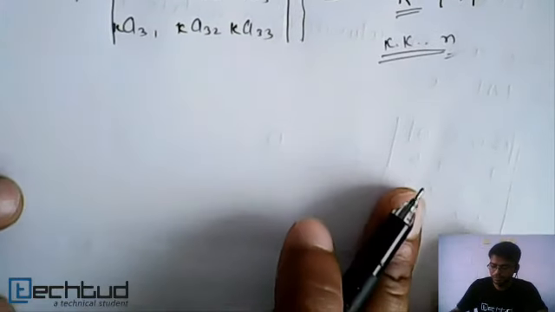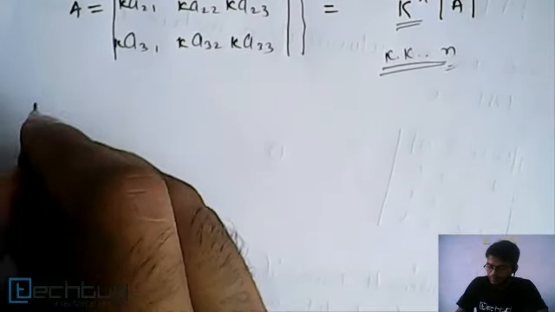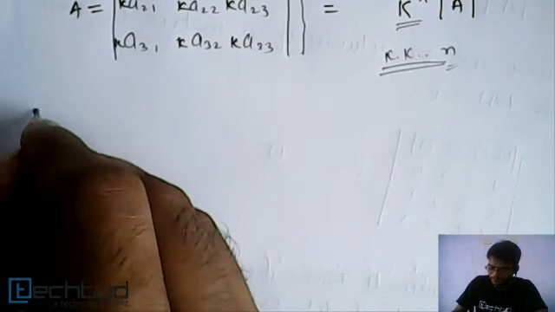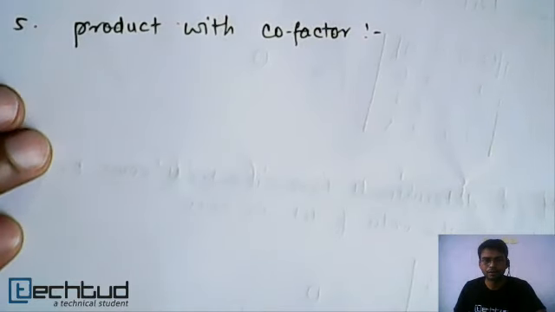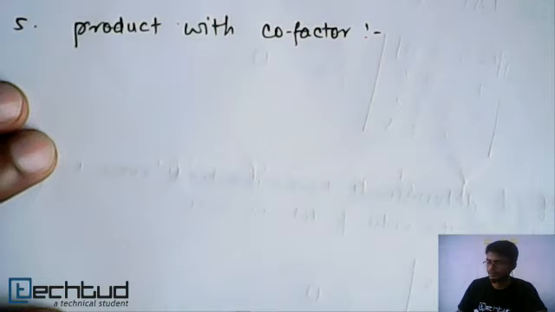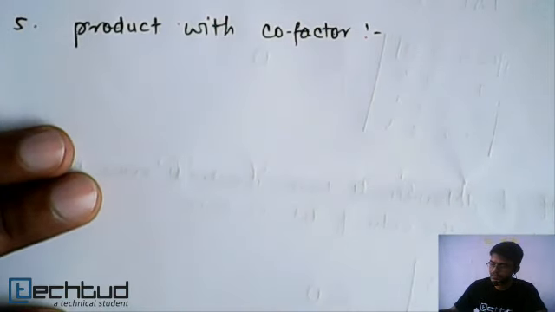Now let's come to the next property, that is the fifth property: product with cofactor. Basically this is the product of an element with its cofactor.